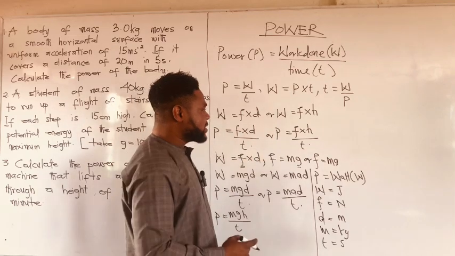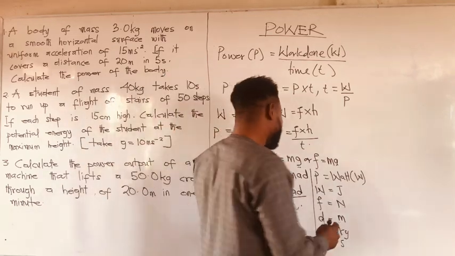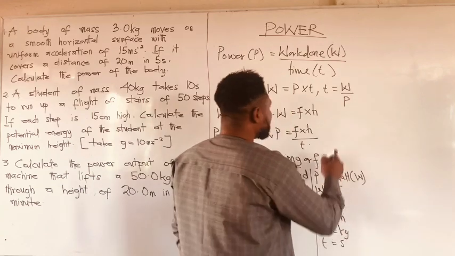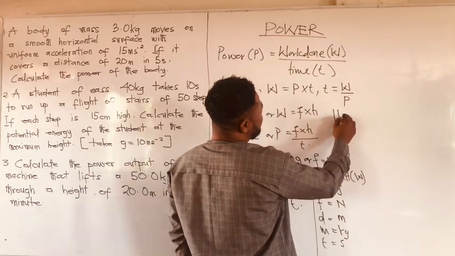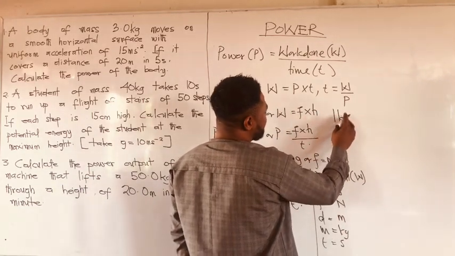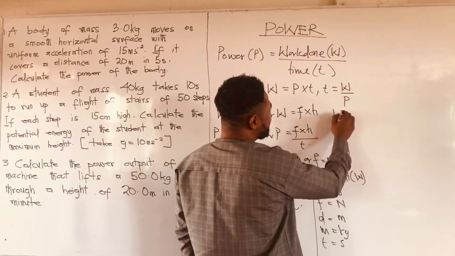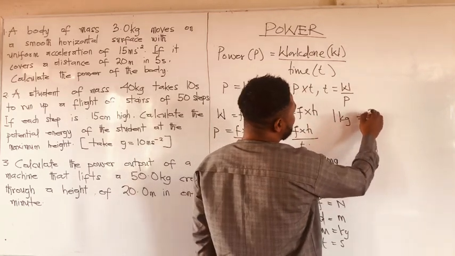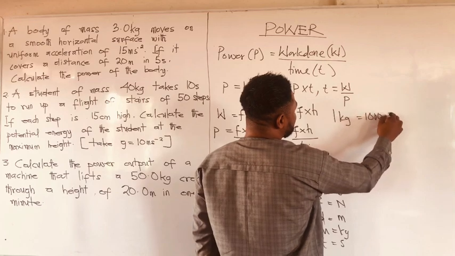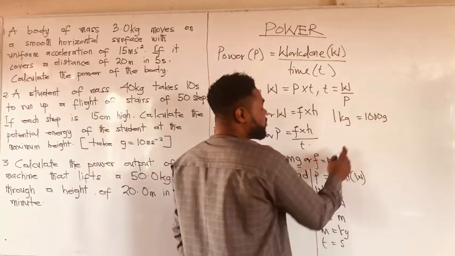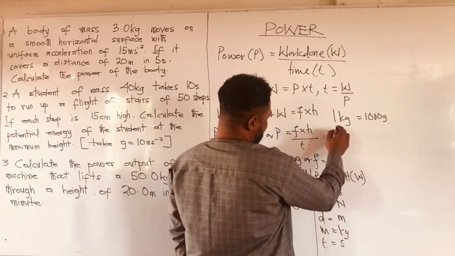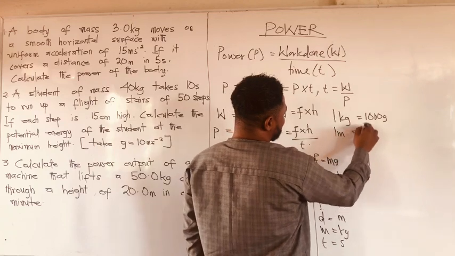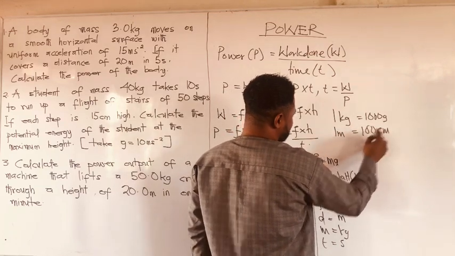Now, let us not forget some conversions here. Sometimes our mass can be given in gram, and we may be asked to change it to kilogram. So we say 1 kilogram is equal to 1,000 gram. And with the distance also, 1 meter should be equal to 100 centimeters.